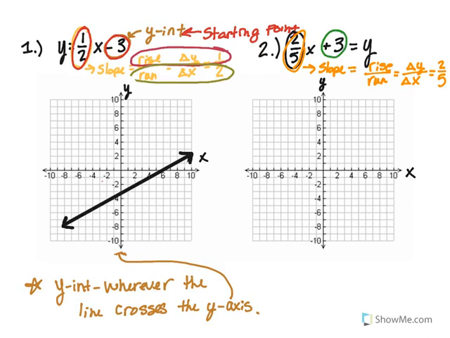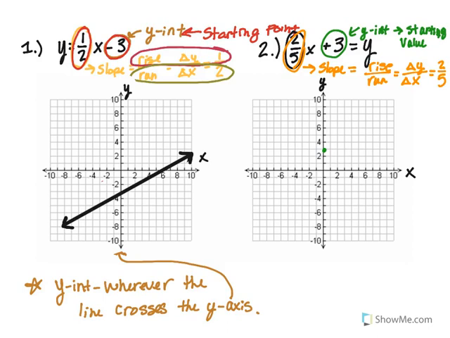So let's go ahead and start there. We've got a +3, which means we're going up 3. That's our y-intercept, okay? Which is also our starting value. So we're going to start there at that point.